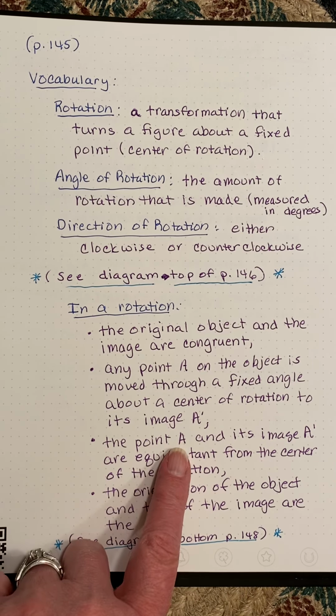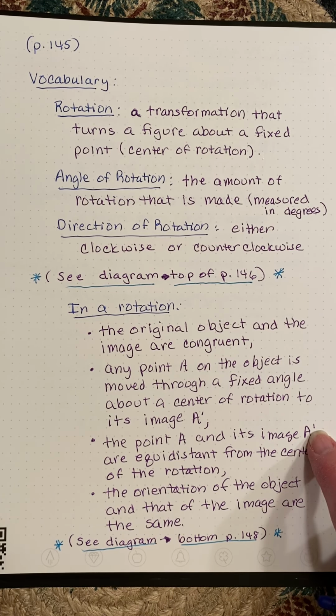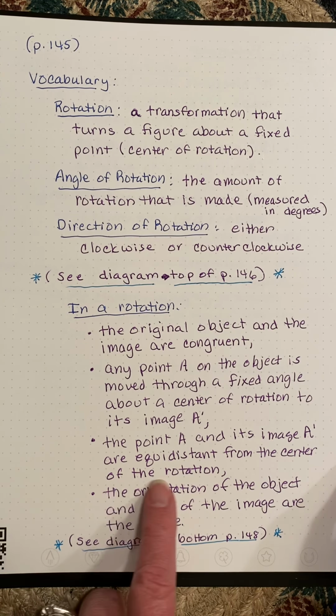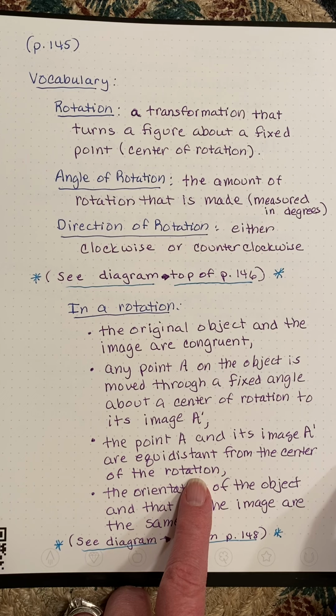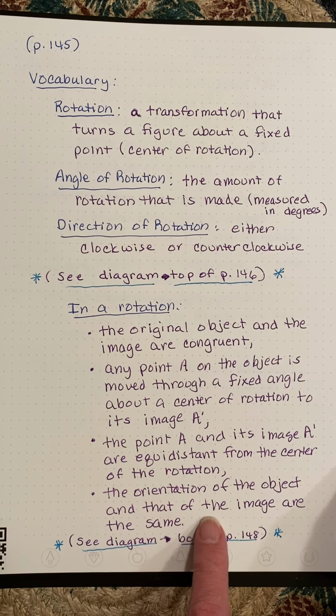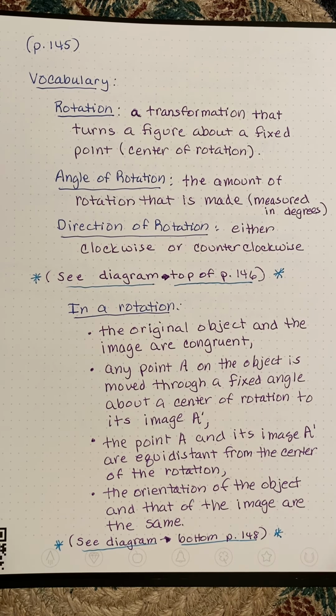The point A and its image A prime are equidistant from the center of rotation, whichever that may be, and the orientation of the object and that of the image are the same. It's just turning.